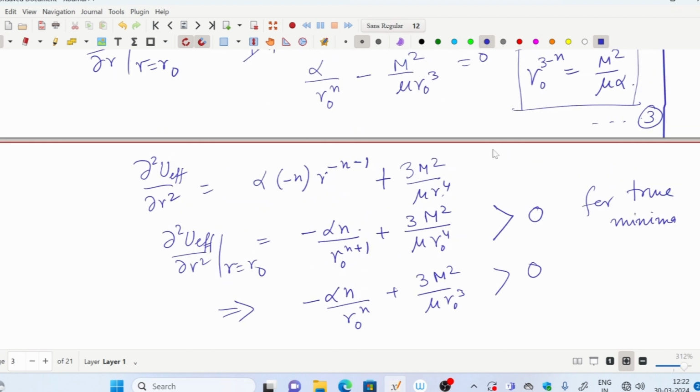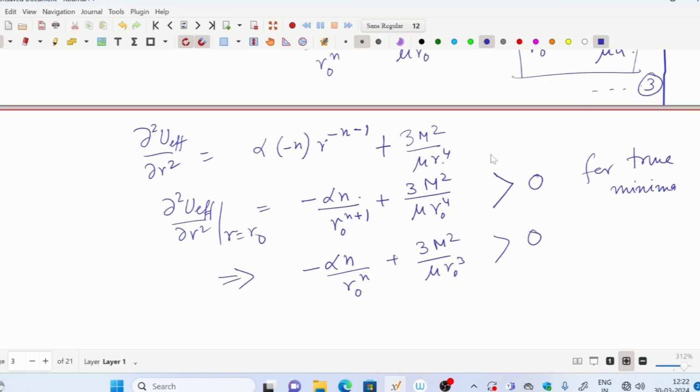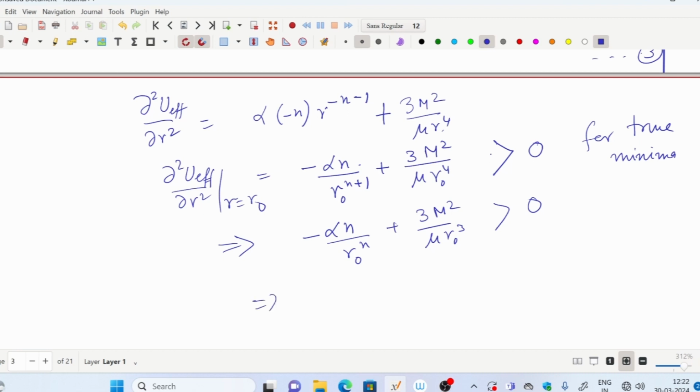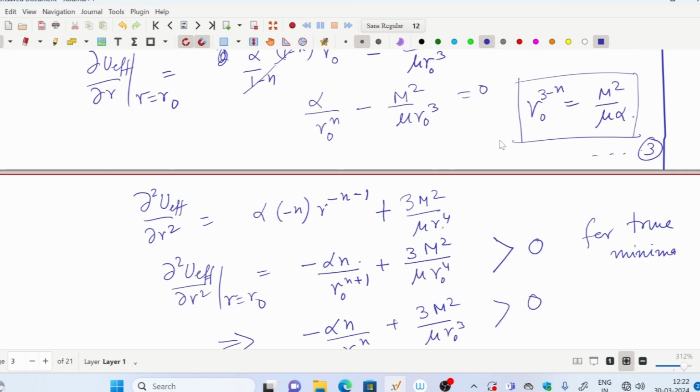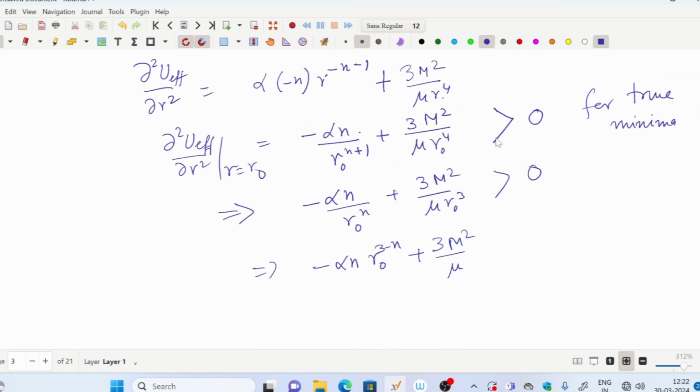Now, I will substitute equation 3, r0 to the power 3 minus n. If we multiply this equation further by r0 to the power 3, it implies minus alpha n r0 to the power 3 minus n, plus 3 m square by mu. Now, substitute r0 to the power 3 minus n from equation 3, which is nothing but m square by mu alpha.